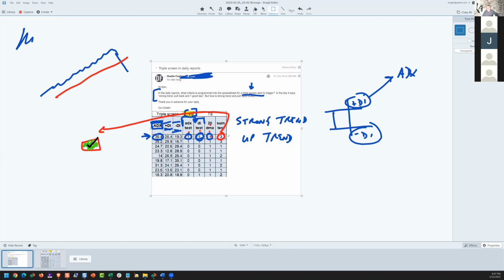In this case, the top two symbols had 3s. So like this one here fails because it's not greater than 25, and the minus DI is stronger than the plus DI, but it is below its 20-day moving average, so it only sums to 1, etc. Okay.